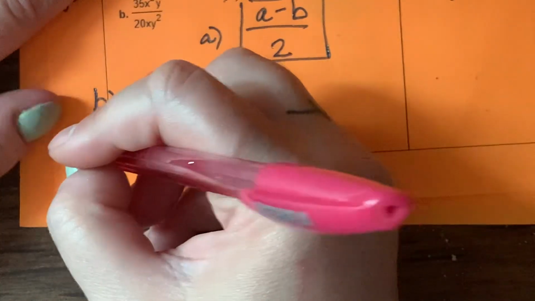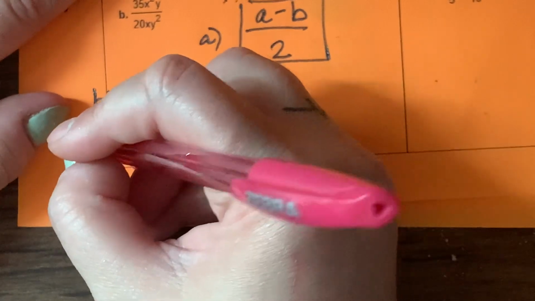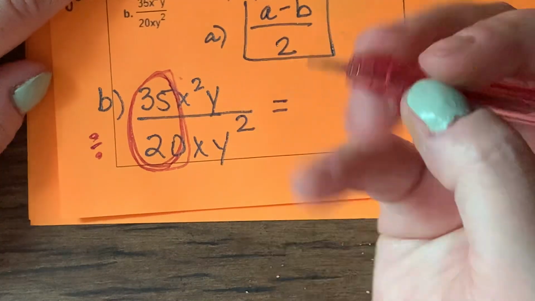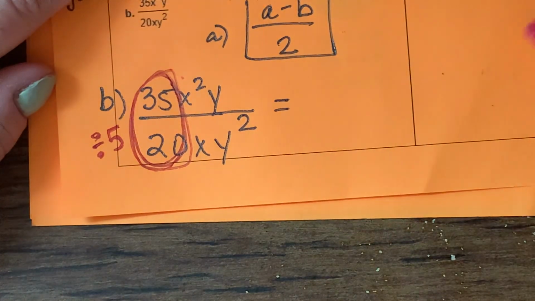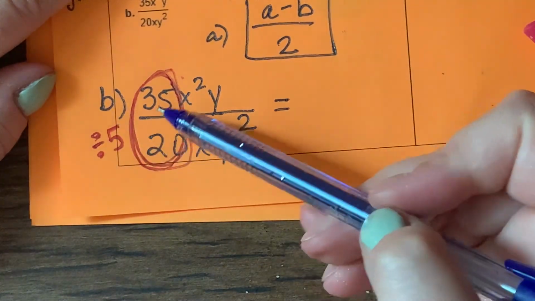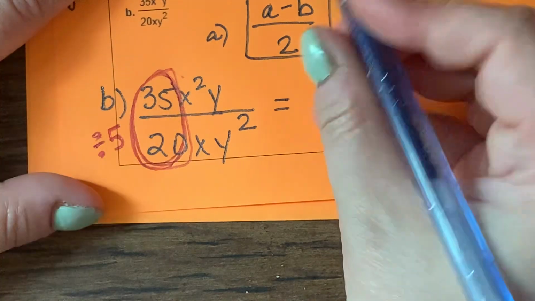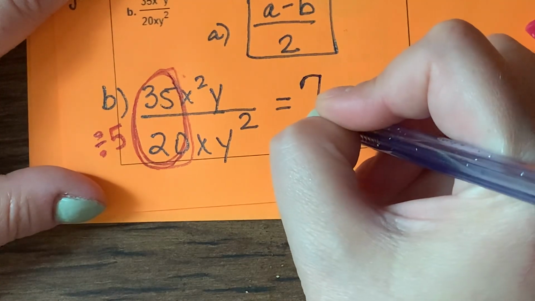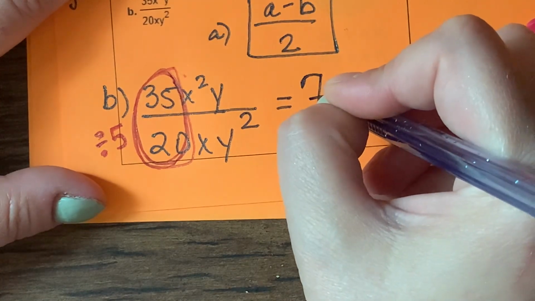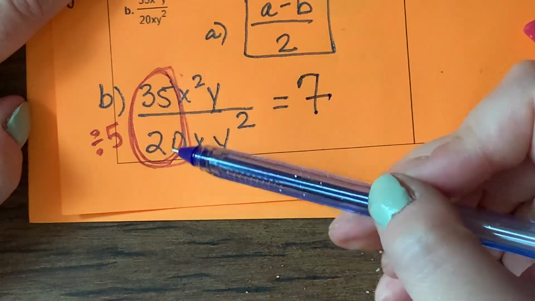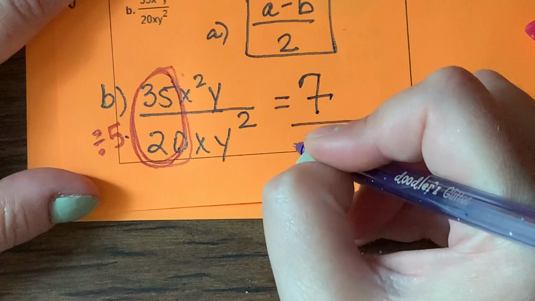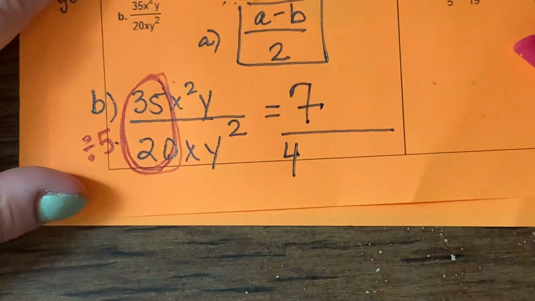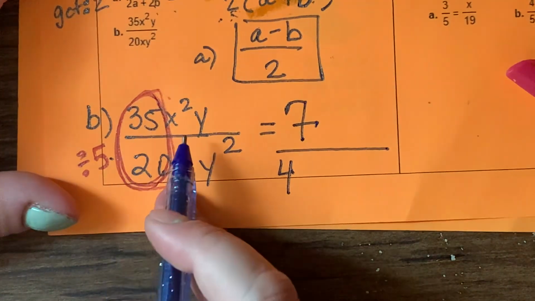What can you divide both of these big fat numbers by? Well, they have a 5 and a 0, so that means you can divide them by 5. So let's do that. If I divide them by 5, I get 35 divided by 5 is 7. Okay, then 20 divided by 5 is 4. Okay, good.